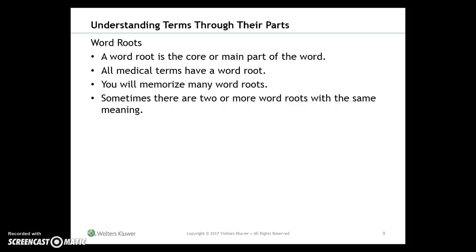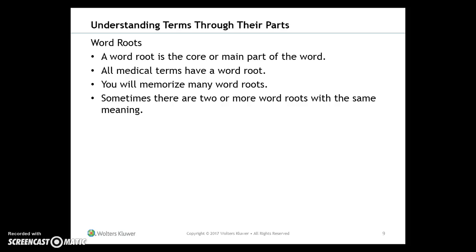Let's first talk about word roots. A word root is the core or main part of the medical term, and most medical terms have a word root. Think of a word root as the word stem, and that's the word root without a prefix or a suffix. In most cases, you're just going to have to memorize the meaning of the word roots.